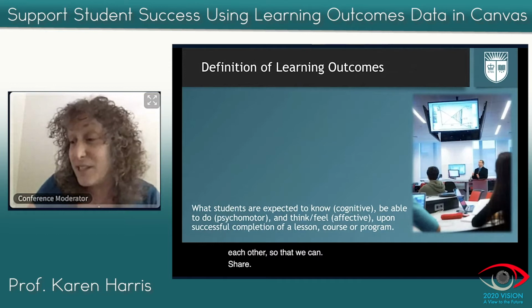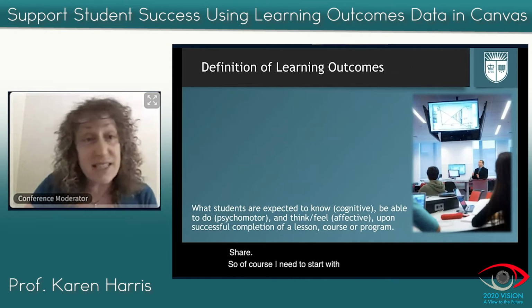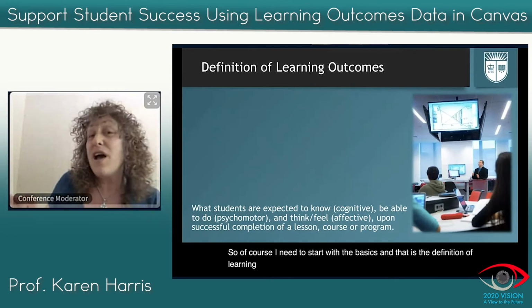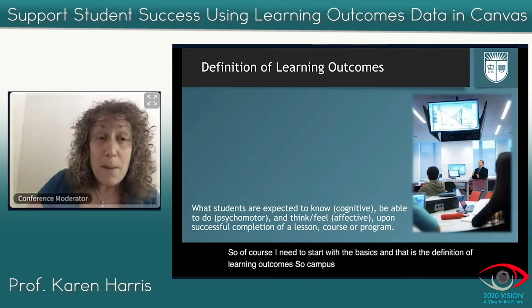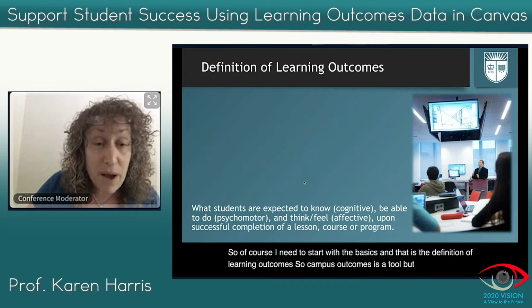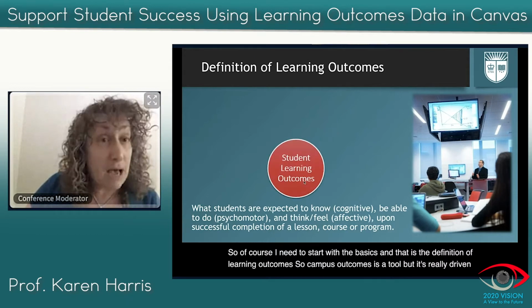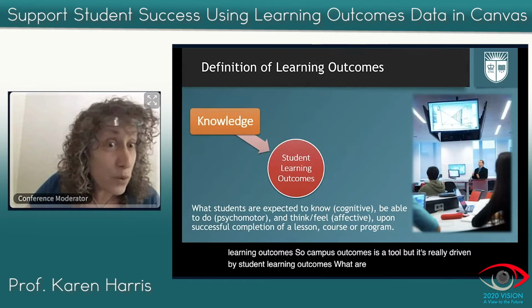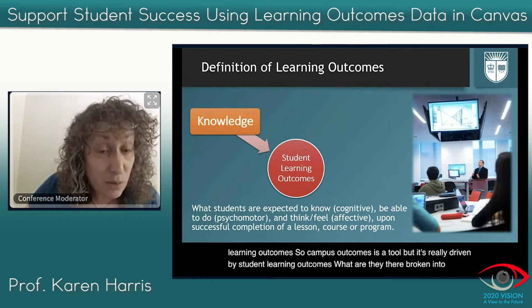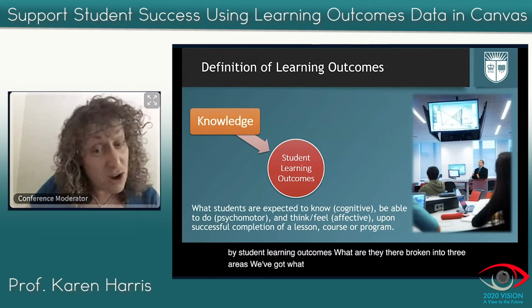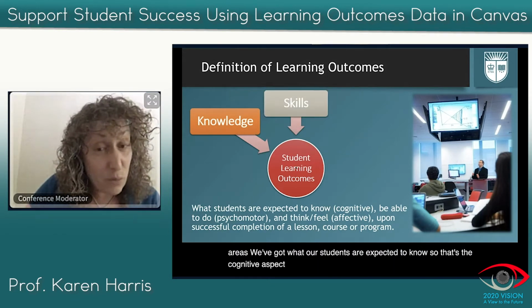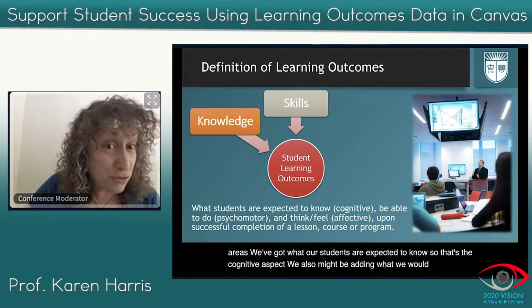So of course, I need to start with the basics, and that is the definition of learning outcomes. Canvas Outcomes is a tool, but it's really driven by student learning outcomes. What are they? They're broken into three areas. We've got what our students are expected to know, so that's the cognitive aspect. We also might be adding what we would like our students to be able to do.